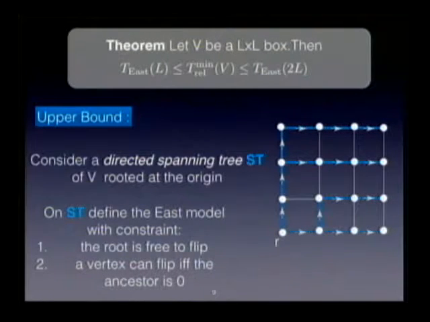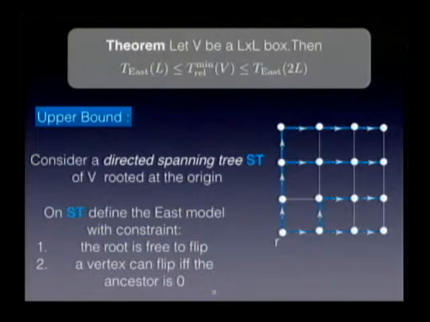Okay, so the proof goes like that. So consider a directed spanning tree that is blue, rooted at the origin. Okay, so I just draw one possible one. And then on this spanning tree, you define an East-like process with the following constraint. So the root is free to flip. Okay, this vertex was free to flip also here. Okay, and any other vertex on the tree can flip if the ancestor is 0.